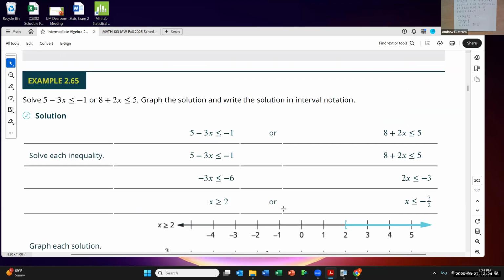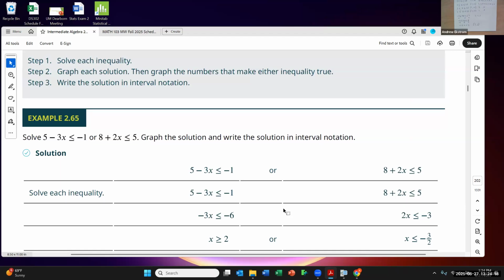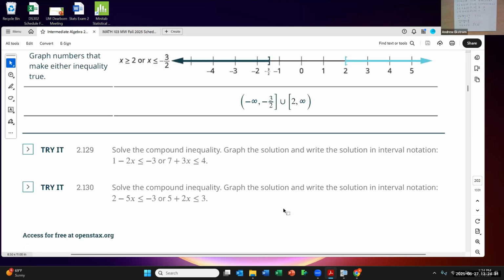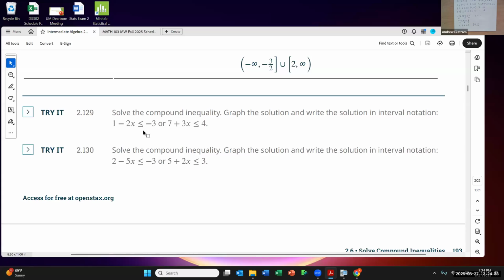If we were to graph these, instead of looking at everything between the parallel lines, we're looking at everything outside of the parallel lines, okay? So just looking at this one right here, again, you can graph it, see what's going on.